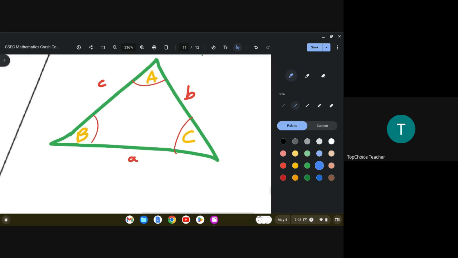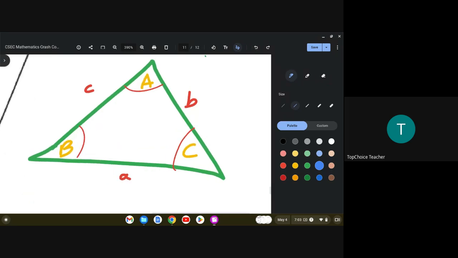The sine rule is a on sine A is equal to b on sine B. It's a ratio. These formulas are going to be available to you in the formula sheet in front of your booklet.